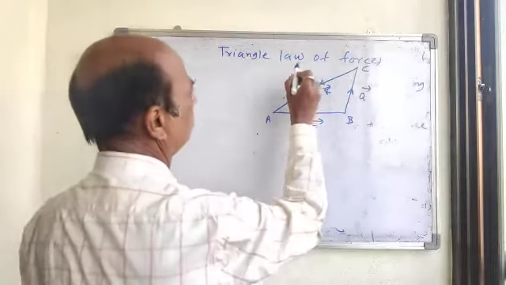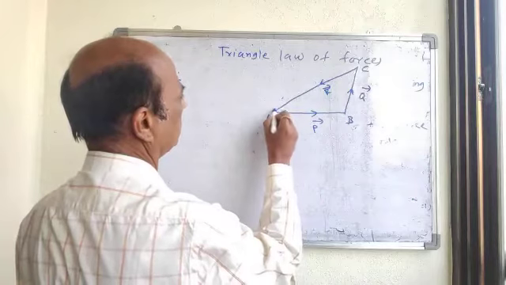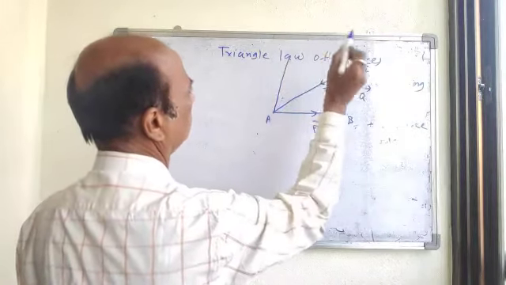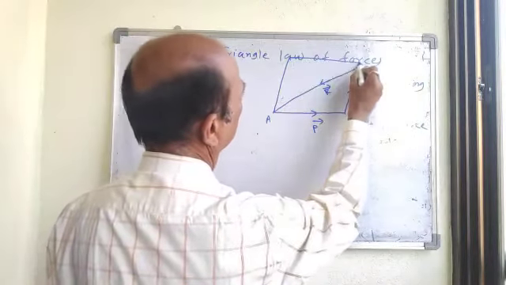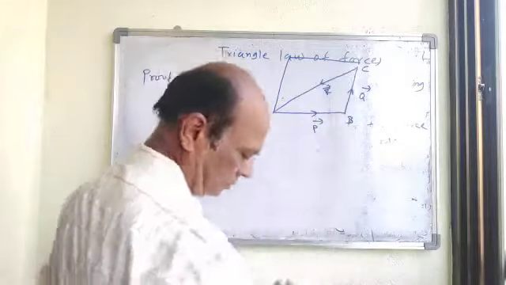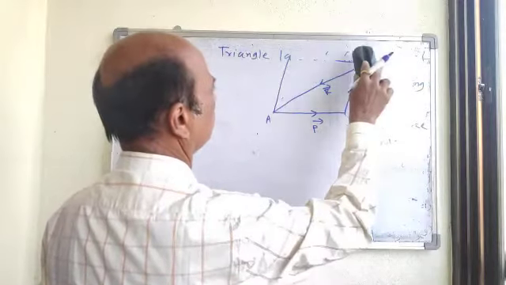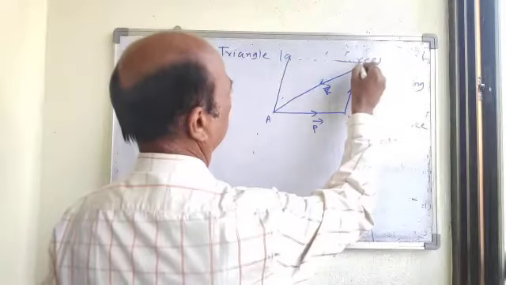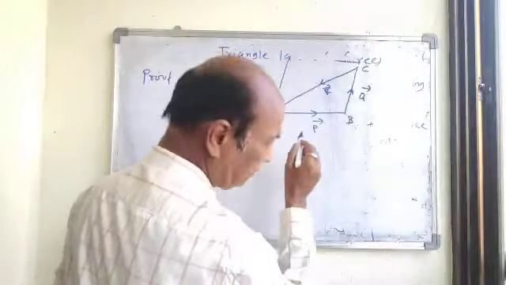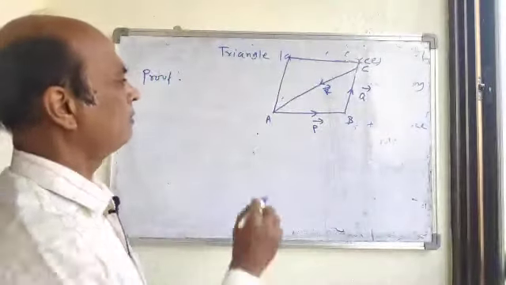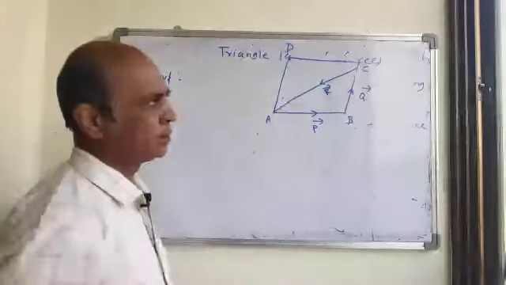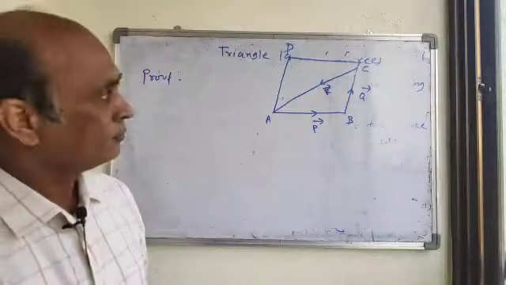Now complete this parallelogram. We will complete this parallelogram. So A, B, C, and suppose this is D. So we have completed this parallelogram.